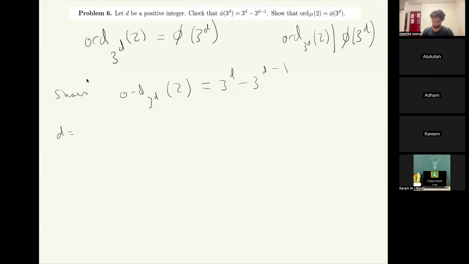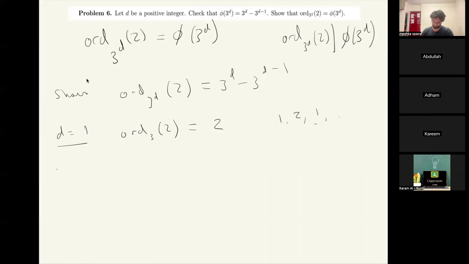Let's check d equals 1 first. In this case, I want the order of 2 mod 3 to be 2. And it's true because the powers are 1, 2, and then 4, which is 1. So it just repeats every 2.